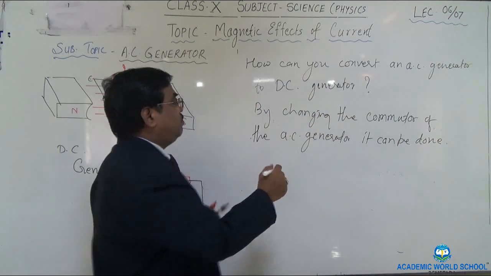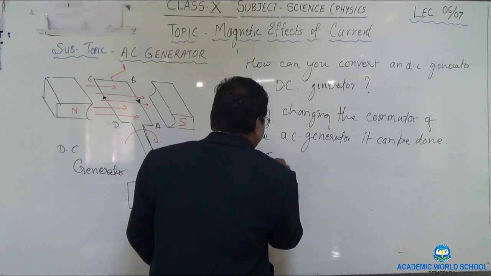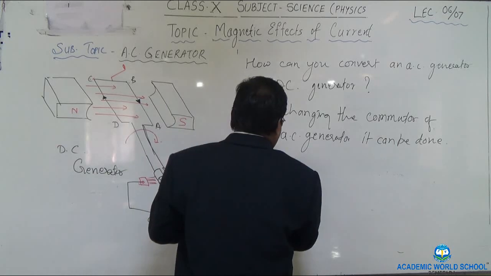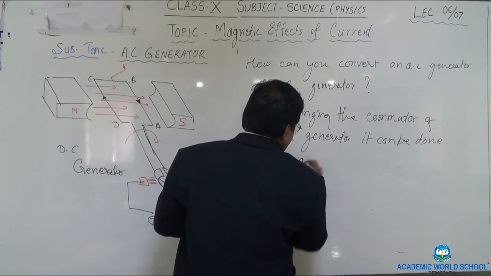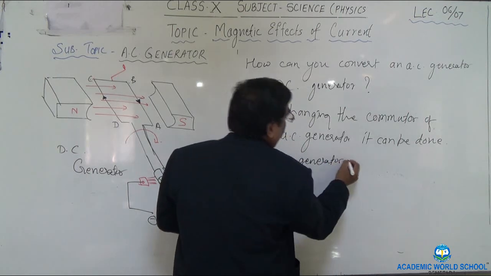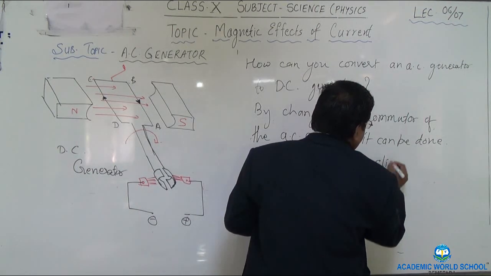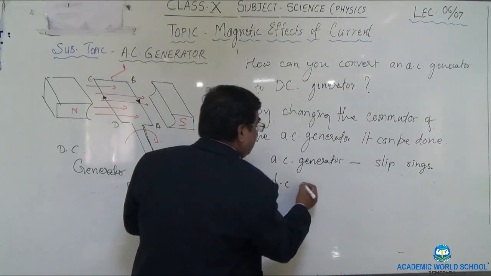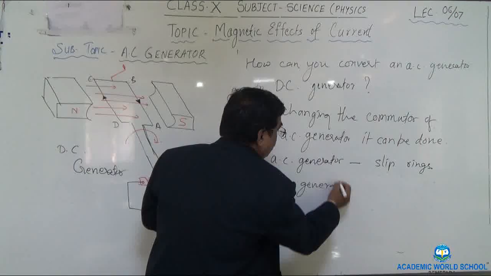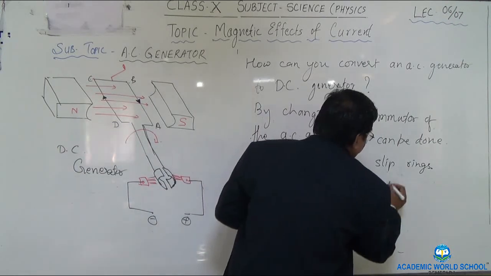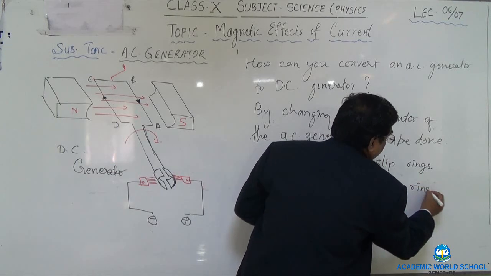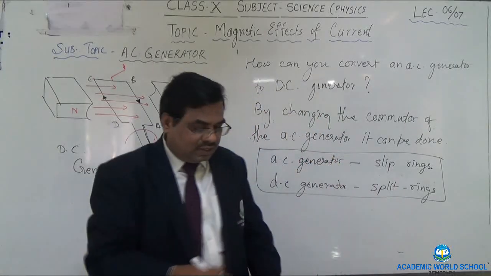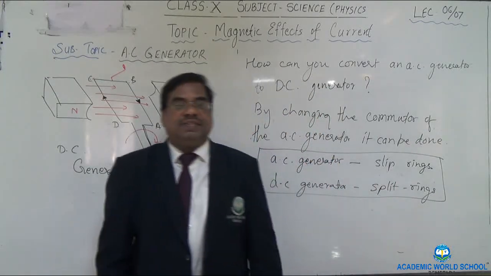Now always remember, in an AC generator what do we have? In an AC generator we have slip rings, whereas in a DC generator we have split rings. So this is by which you can convert an AC generator to a DC generator.